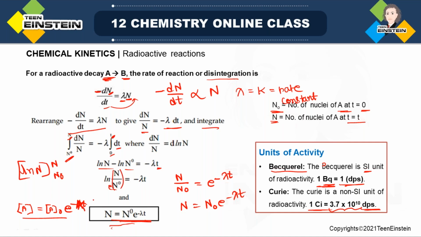For normal chemical reactions, we use k, but in radioactive reactions, though k is also used, lambda can also be used. So these two expressions, you can see, are totally analogous to each other. That is why we say that radioactive reactions follow first order kinetics, which is clear from this expression. So is there any doubt?